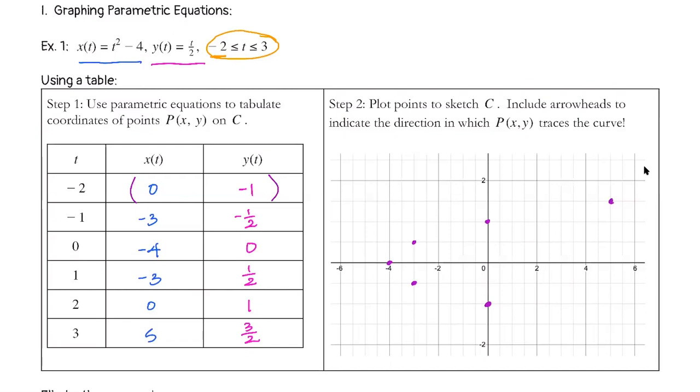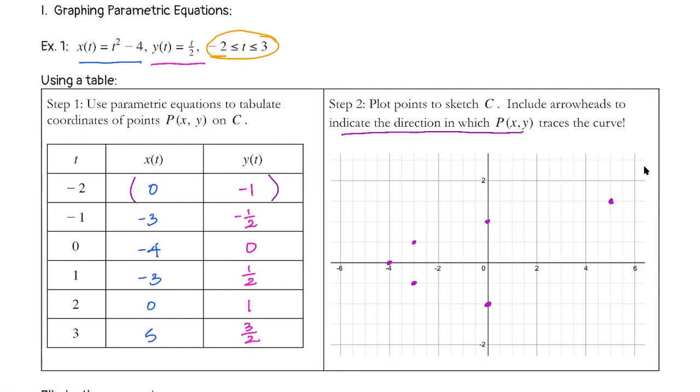Now, when you connect them, if we think about a parabola or a line, when we graph them we normally put arrows on both ends to show that it extends forever in both directions. But one thing that's really different about graphing parametric equations is we want to indicate the direction in which this curve gets traced.